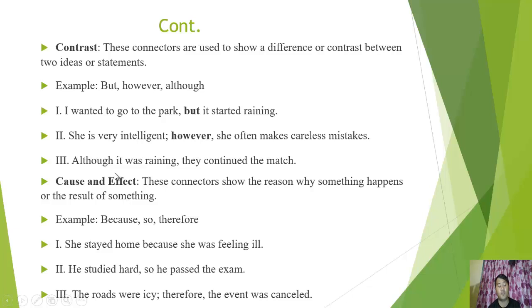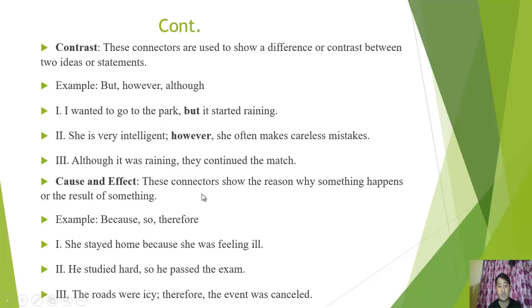And now we'll go with cause and effect. This is also a type of connector, and it is further broken down into three examples: because, so, therefore. Before that, can we go with the definition of cause and effect? Obviously.